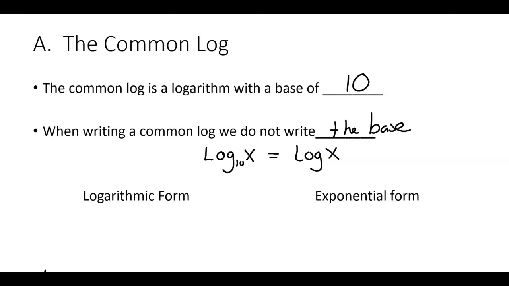Like, you guys know if you see an x there, there's a 1 in the front, right? We just don't write it. There's a 1 here. We just don't write it. Or if you're dealing with square roots, there's really a 2 here. We just don't write it. Well, in the same way with logs, since those are all really common things to have happen, they don't get written. Log base 10 is so common, we just don't write it. So if you ever see a log without a 10 there, or number, that means it's base 10.